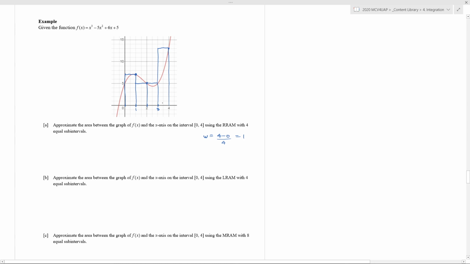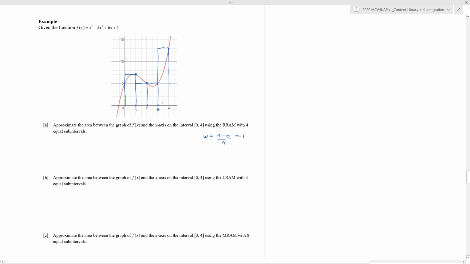So R1, R2, R3, R4. Our area is approximately equal to... The width is 1 for all of these, right? For each one of the 4 rectangles, the width is 1. So I can just take the 1 outside.